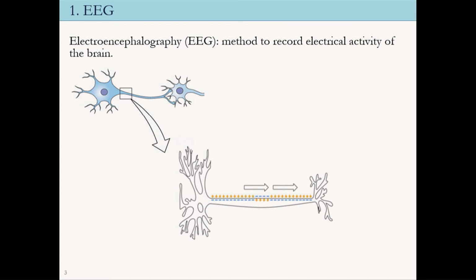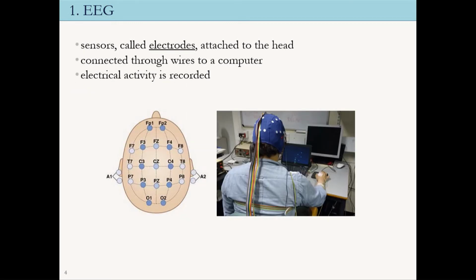There it creates a cascade of similar processes, so we have that electrical activity up and down in our brain. We can pick that up with our EEG. The EEG is a set of specialized sensors, like this one that we have here, or like this one that we are showing in our figure, which are called electrodes.